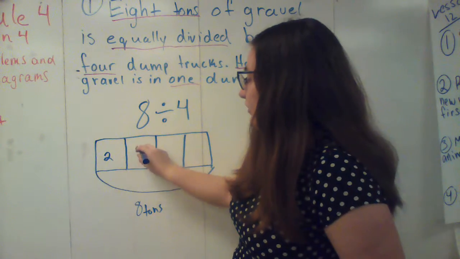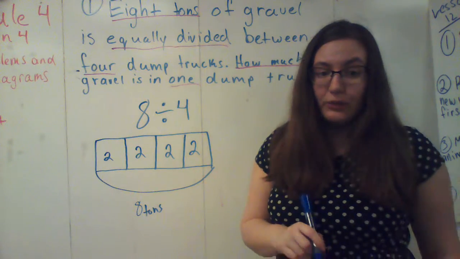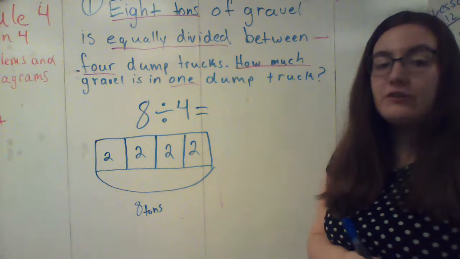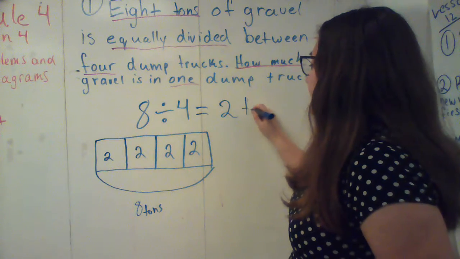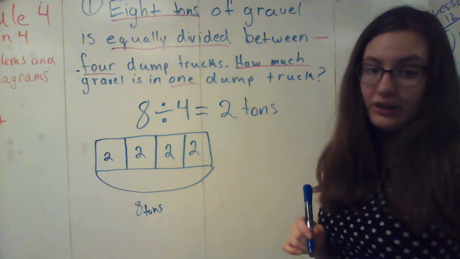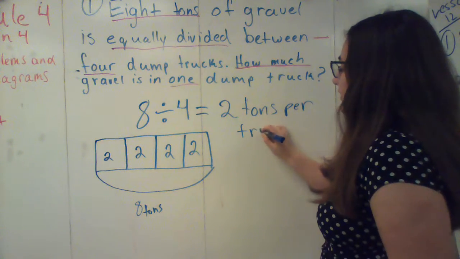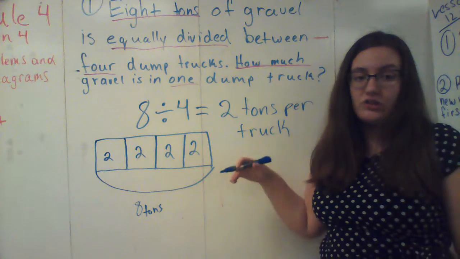So 2, 4, 6, 8, and that definitely works right there. So I know that 8 tons being divided by 4 would equal 2 tons per truck. I can write that right here. 2 tons per truck. And that would just be all I need to do to solve this problem.